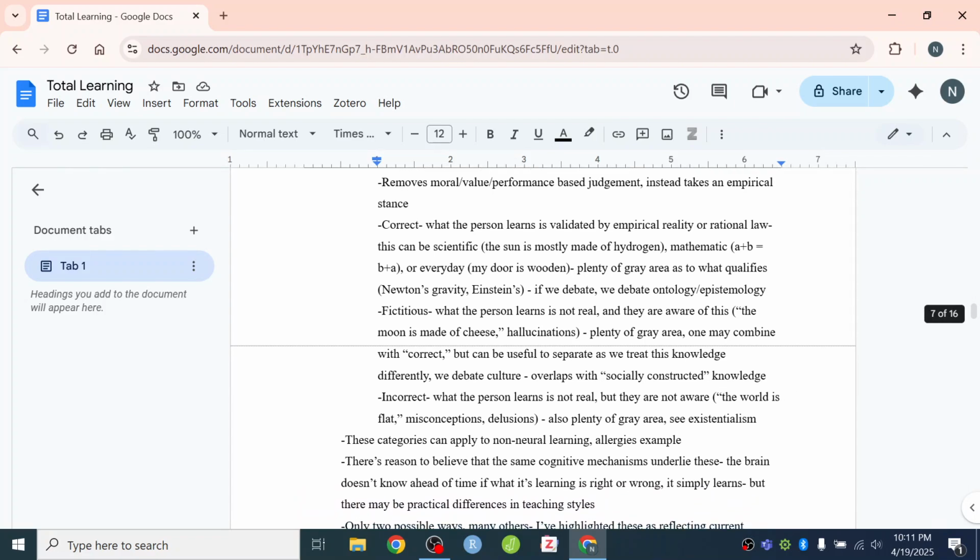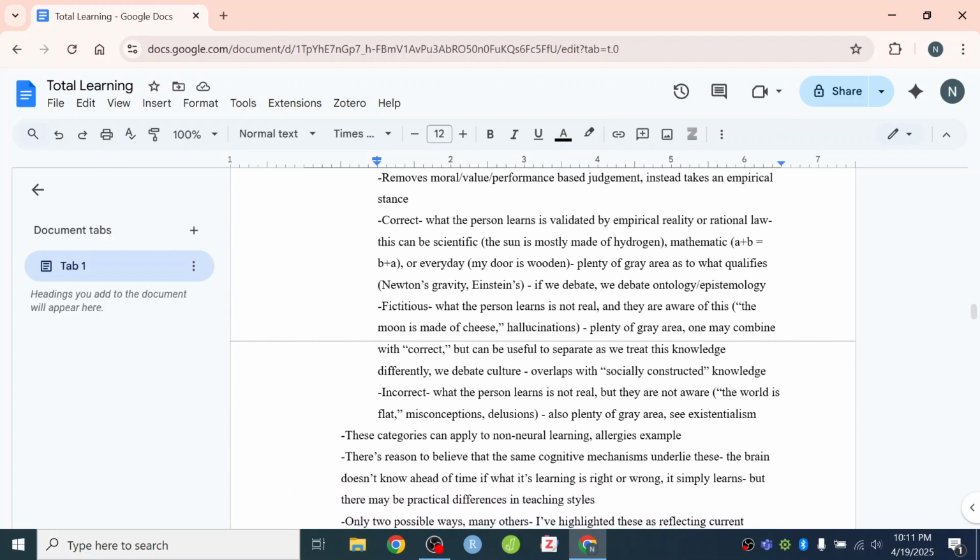One of the reasons this is an important thing to highlight, that we can draw these different categories, but they all still are within the framework of total learning, as far as cognition is understood, is that there's reason to believe the same cognitive mechanisms underlie all of these different categories of learning.